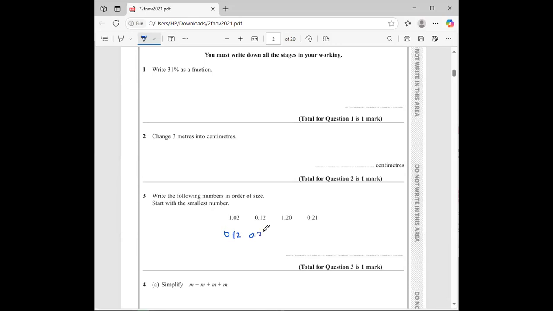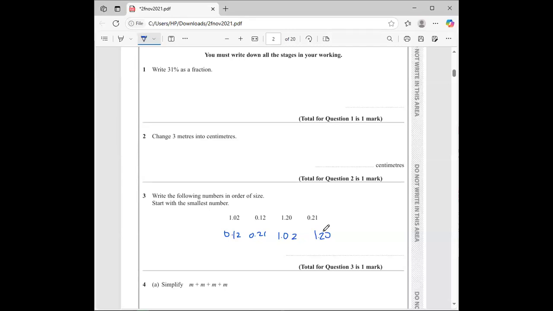Which one comes next? 1.02. Finally, 1.20. Okay. All right.